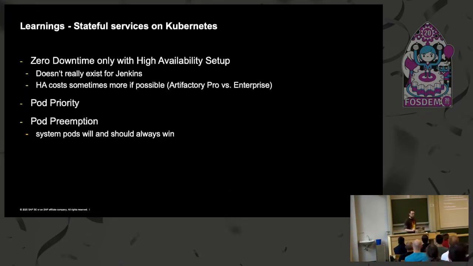Our learnings. Stateful service on Kubernetes is hard. Kubernetes has not been built for stateful services. If someone tells you this works really well, I don't think they are telling the truth. For Jenkins, there is no high availability setup available. I think there's some CloudBees magic plugin which doesn't work, or works, and you just can't use it.